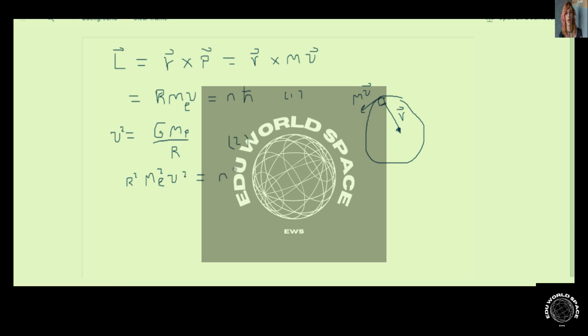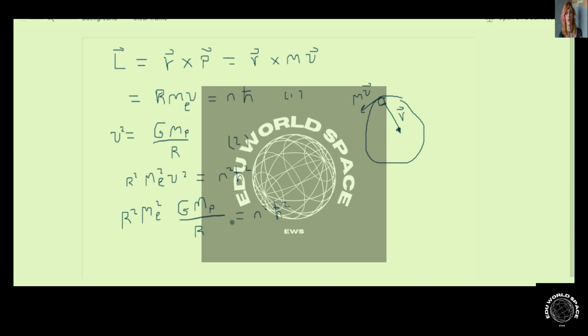All this is equal to n h bar squared. So let us substitute from equation 2 for V squared. So this will be R squared, Me squared, J Mb, M sub P here over R. And all of this is equal to n squared h bar squared.